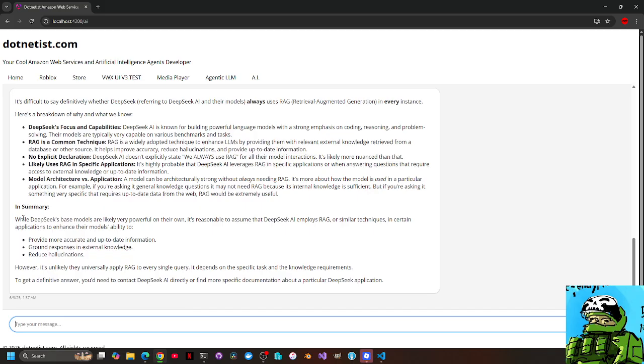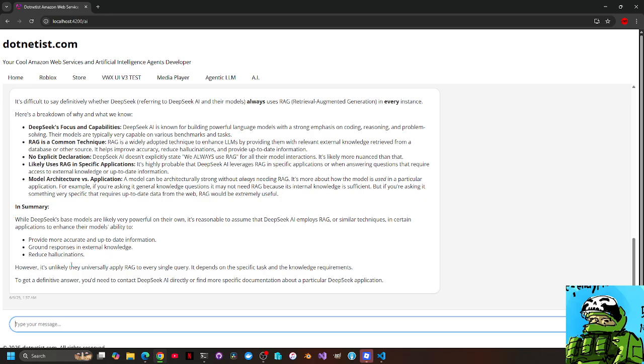In summary, while DeepSeek's base models are likely very powerful on their own, it's reasonable to assume that DeepSeek AI employs RAG or similar techniques in certain applications to enhance their models' ability to provide more accurate and up-to-date information, ground responses in external knowledge, and reduce hallucinations.